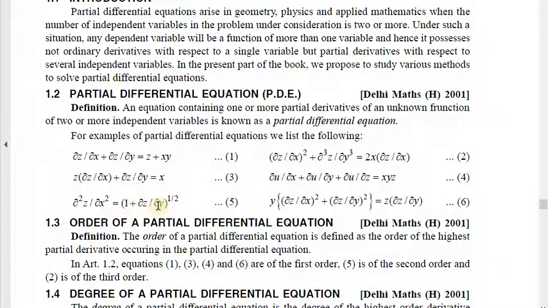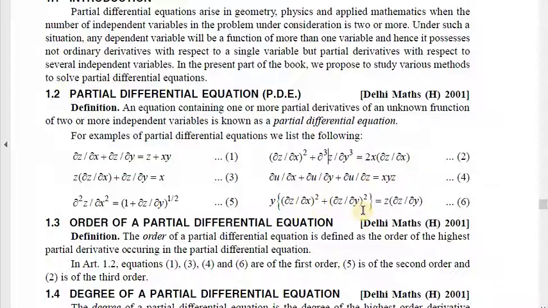Now squaring both sides, you will get that the degree of this equation will be 2. Similarly, try to find the degree and order of this equation. You can see that there are only first order partial derivatives. The power of this is 1, the power of this is 2, and the power of this one is 2.